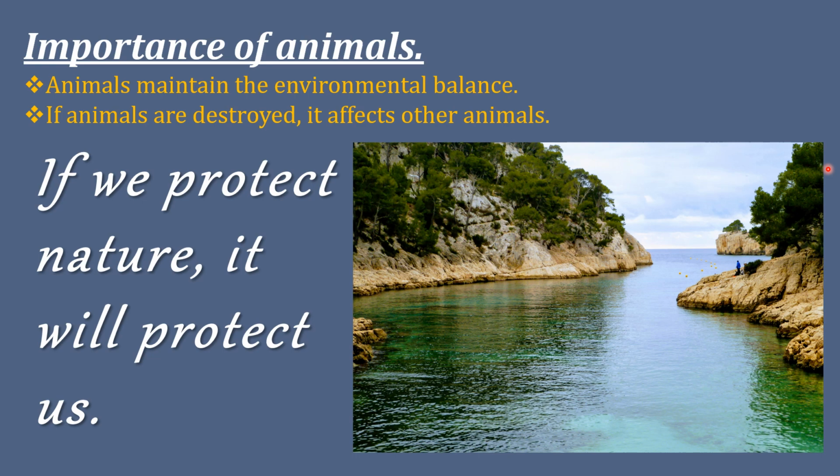Herbivorous animals eat only plants. Carnivorous animals eat other animals. Yes. So, if there are no animals, how will the other animals survive? For example, the lion will eat other animals, isn't it?